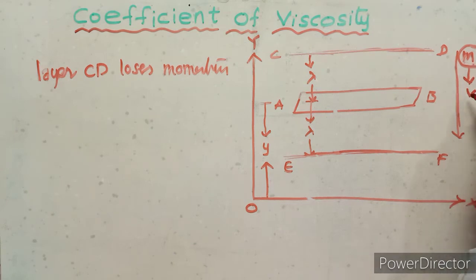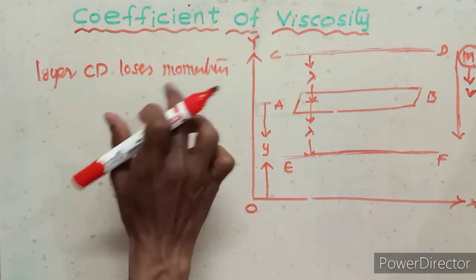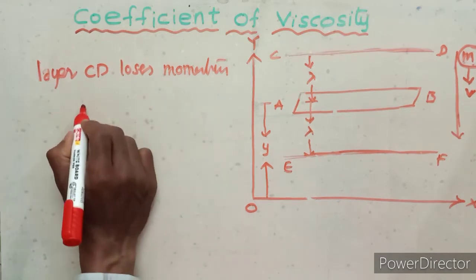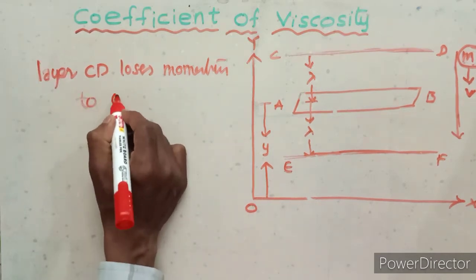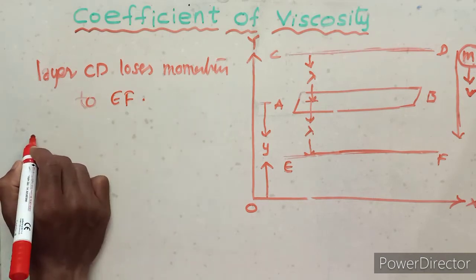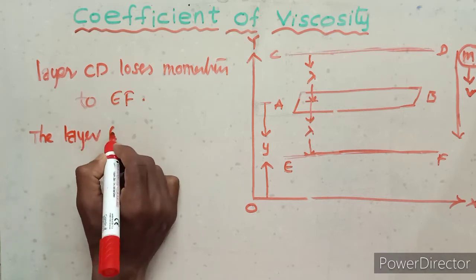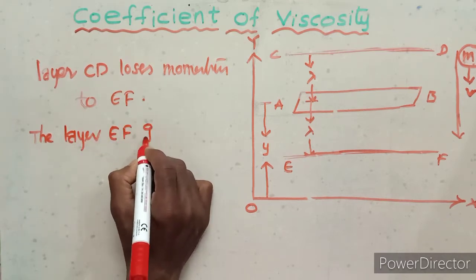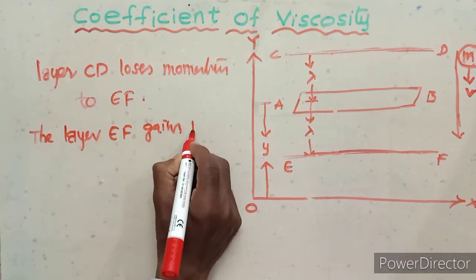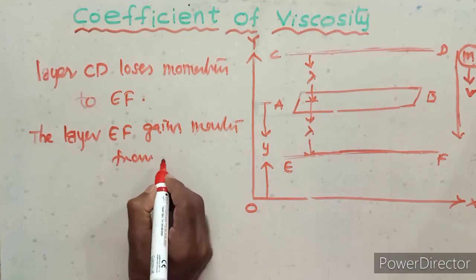It includes the mass and velocity, m and v is the momentum, only then it moves. Okay, so the layer CD loses momentum to EF. At the same time, the layer EF gains momentum from CD.